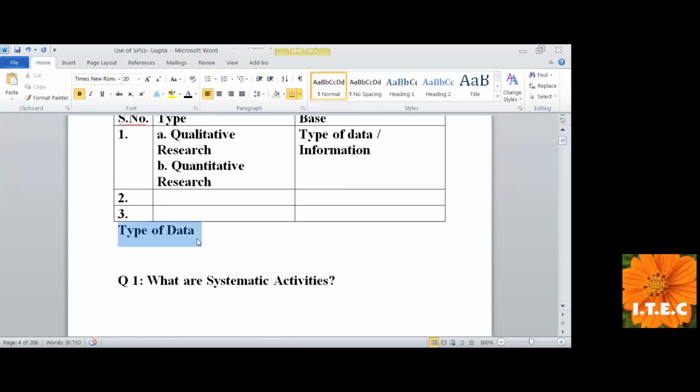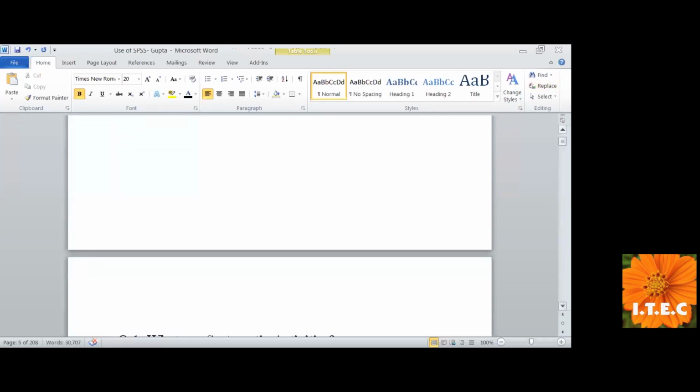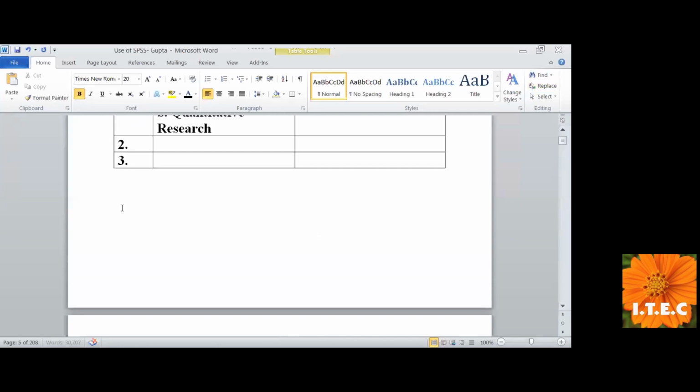You know that whenever there is an exam, there is a question, and the question is qualitative. And the answer which you are writing is also qualitative.